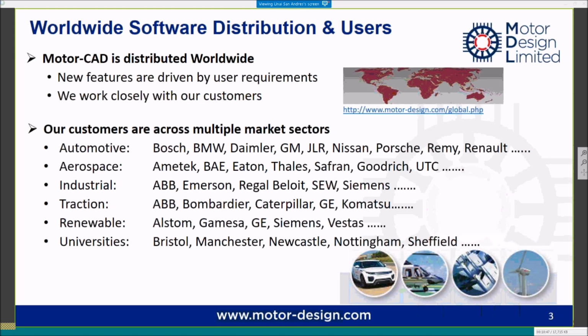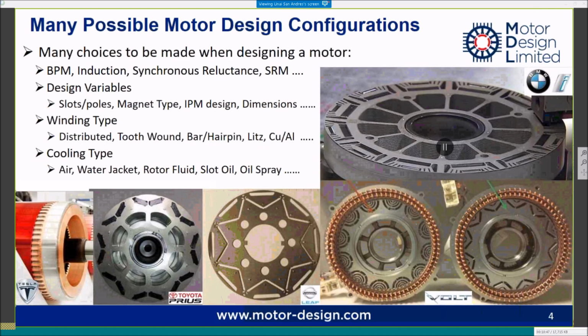MotorCAD is distributed worldwide, and we have customers in different industries like automotive, aerospace, industrial applications, traction, renewable energies, or different universities. So we can develop new models and new methods to estimate things, and we can implement them into the software. MotorCAD is a software which is based on templates, so we can design many different topologies of machines.